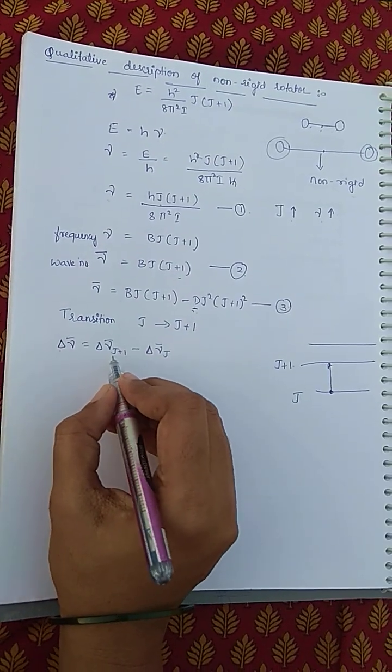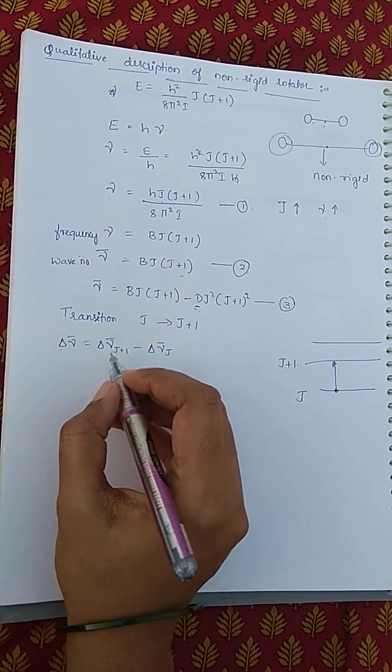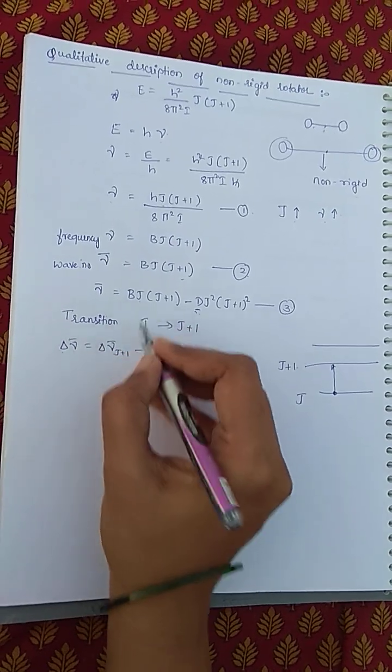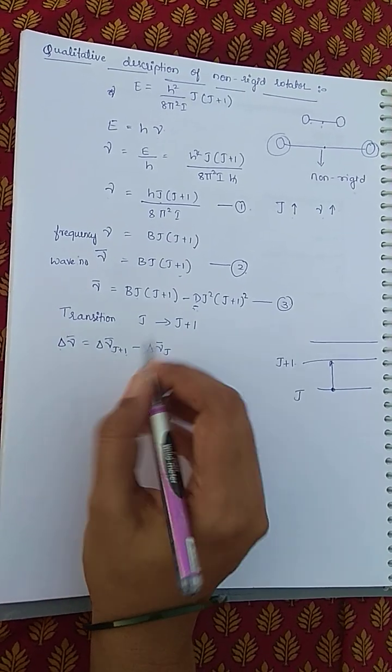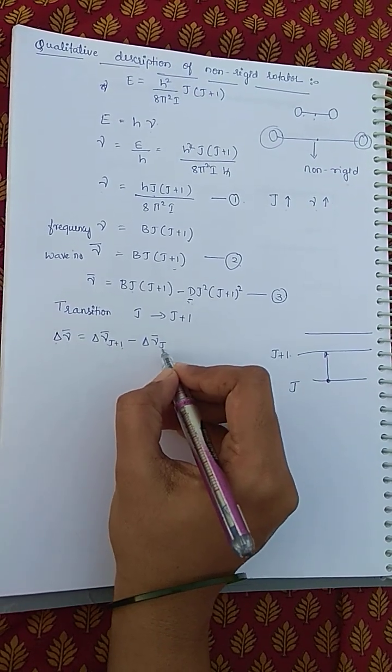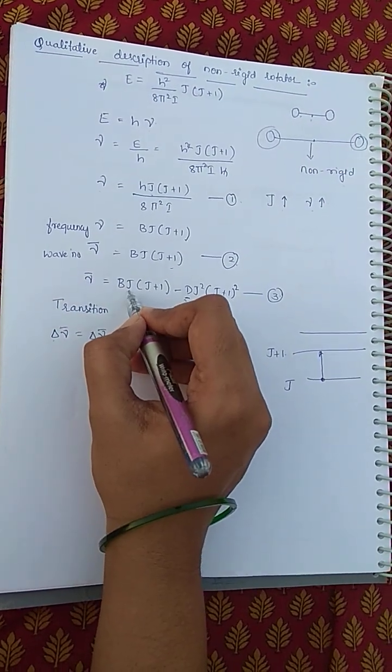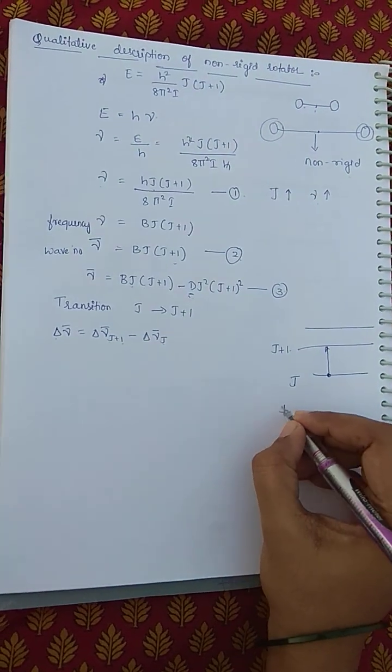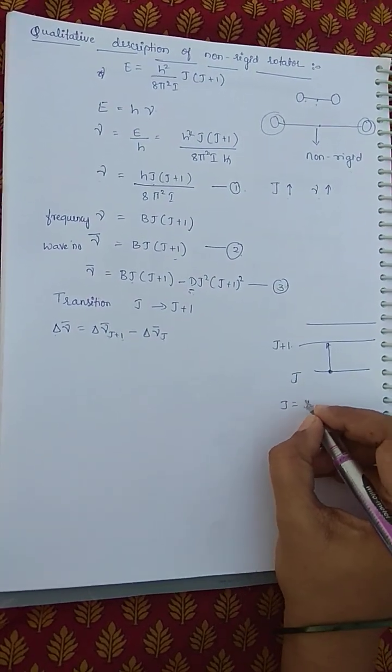Now substitute J as J plus 1 in one term, and substitute J as it is in the other. In the first case, J is equal to J plus 1.